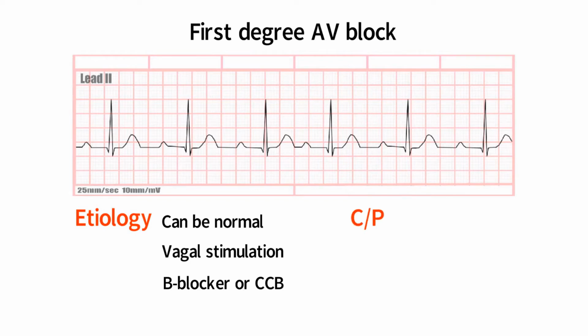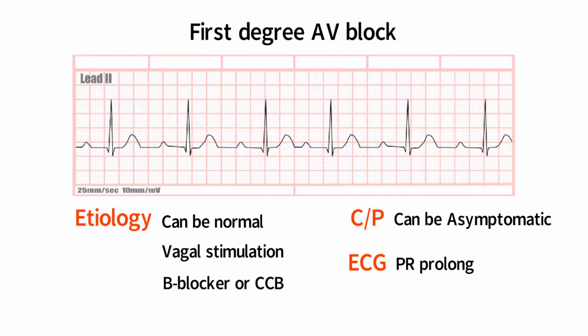The clinical picture, the patient actually can be asymptomatic, and this AV block can be found incidentally, and on the ECG there is PR prolongation with no dropped QRS. It's very important that there is no dropped QRS, only PR prolongation in the first degree AV block.